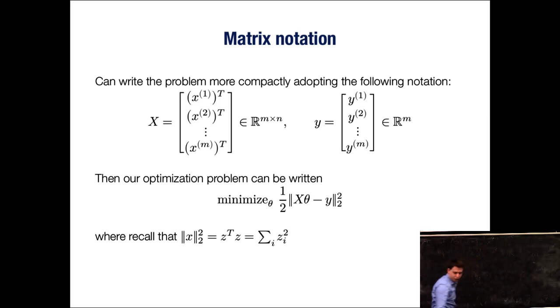All right, so the problem we're trying to solve is the following. We want to minimize over theta 1/2 of the 2 norm of x theta minus y, squared.